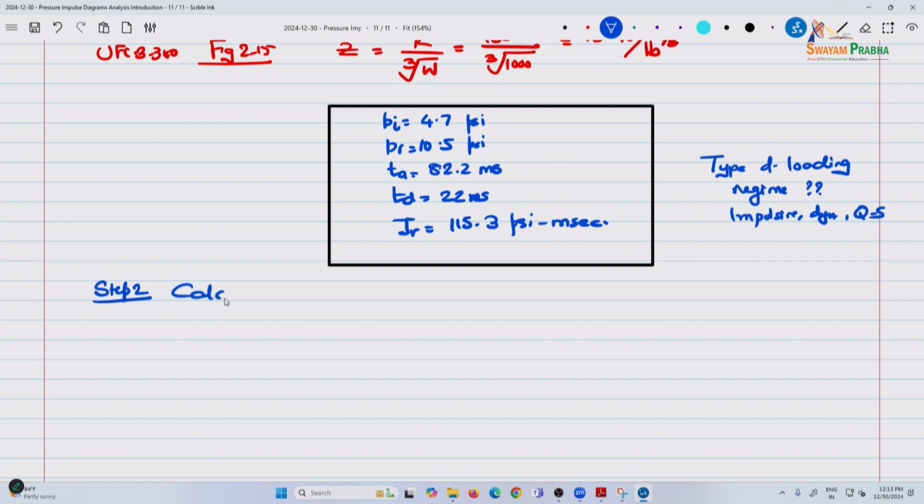is to calculate the member resistance, and here you can use the IS 456 provisions and methodology that you have learned.